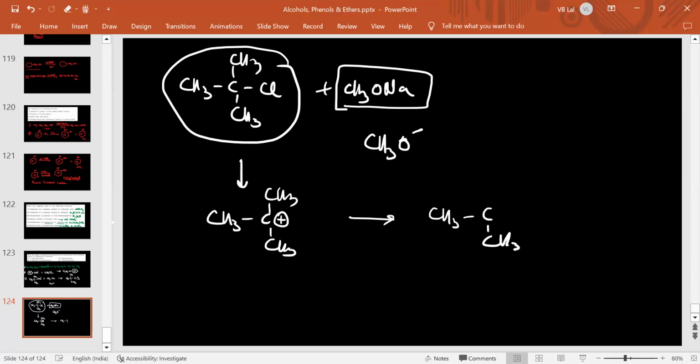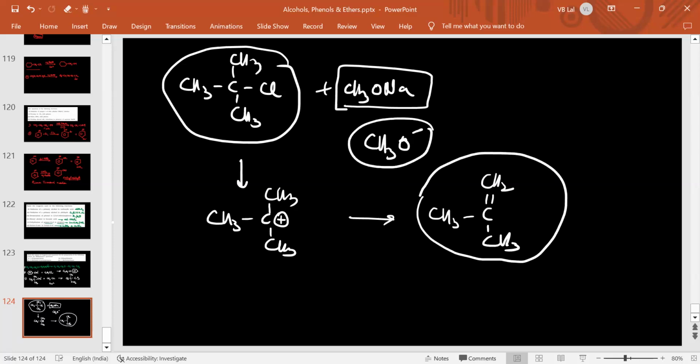It is not substitution, it becomes an elimination reaction. So whenever you have a tertiary alkyl halide, elimination product is going to be the major product if your reagent is a strong base. If instead the reagent was OH only, it would have added here and caused substitution. But here your reagent is a strong base, which takes away a proton from the substrate and it will become CH3OH.